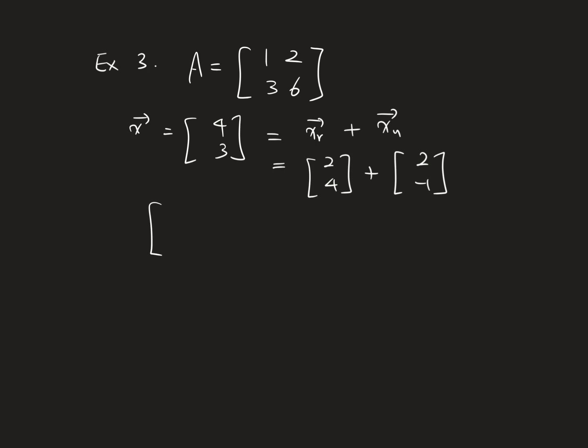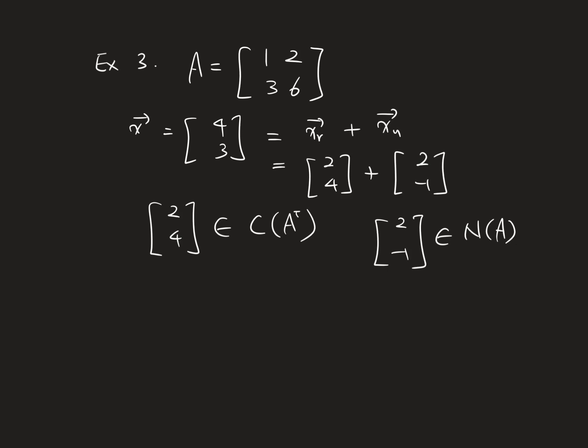And we know that 2, 4 is in the row space, and 2, minus 1 is in the null space.